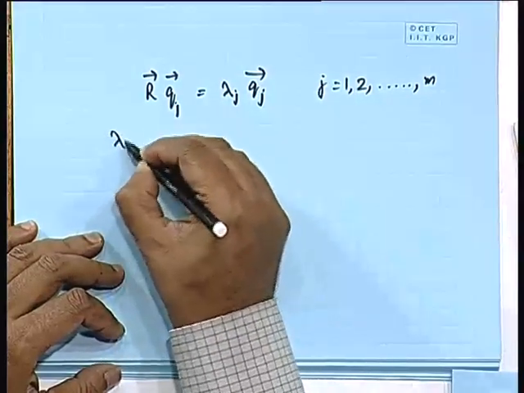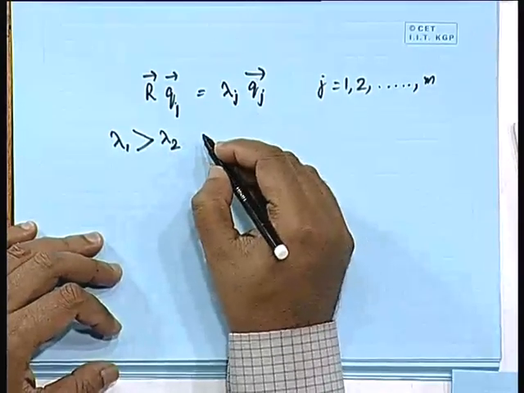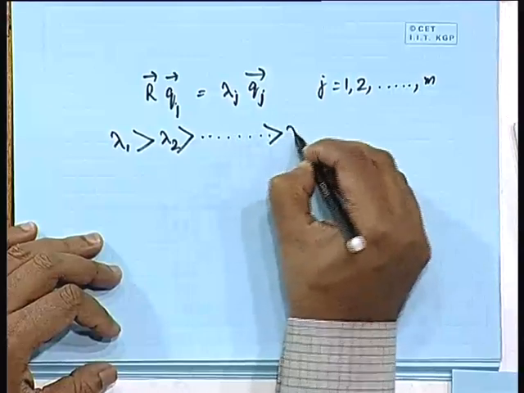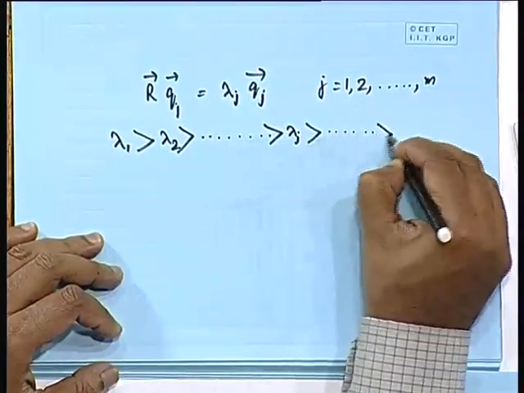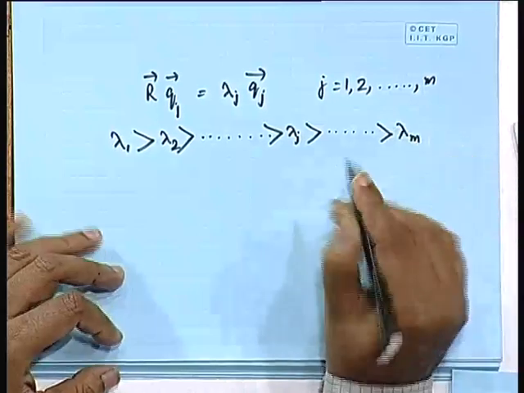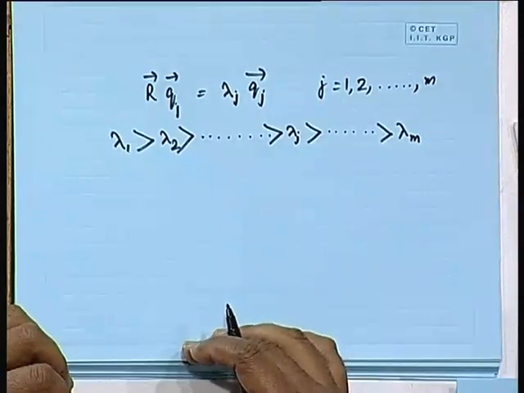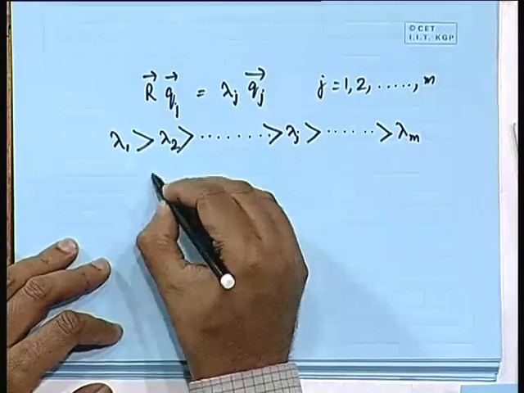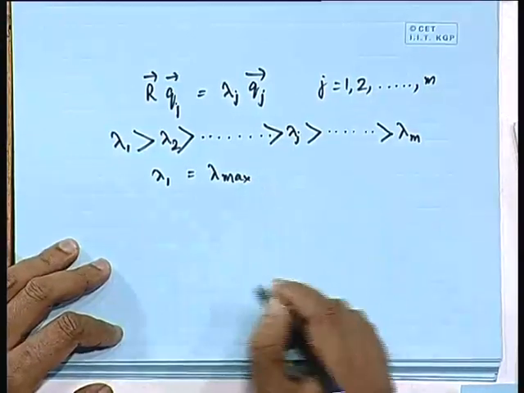So, we place them in this order, lambda 1 greater than lambda 2 up to, let us say, lambda j, the general term, and then last we have lambda m. So, we have arranged them in decreasing order, so that lambda 1 is equal to lambda max.